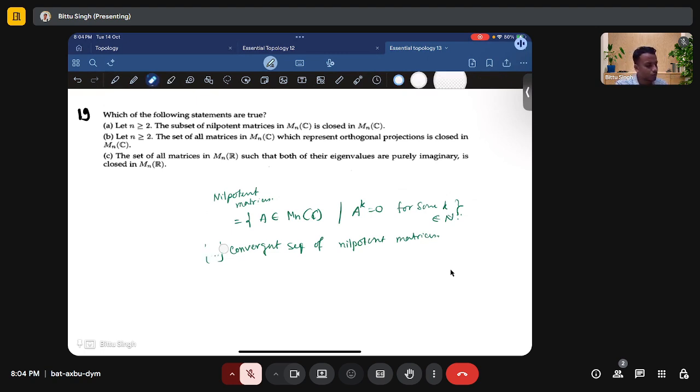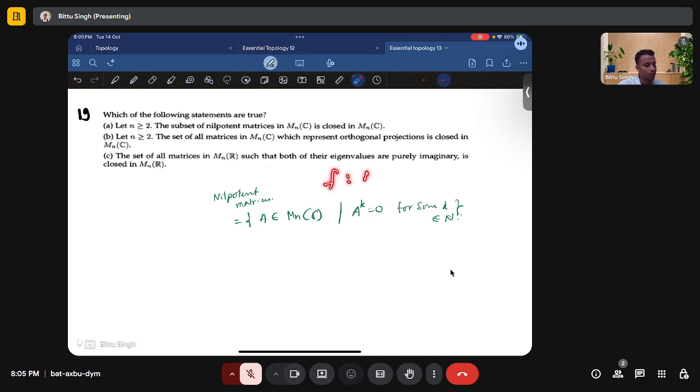This will also not work actually. Here we cannot use those kind of pre-image ideas.